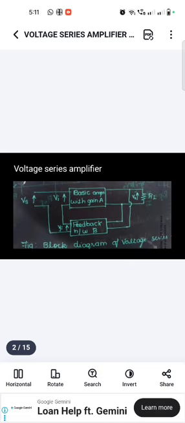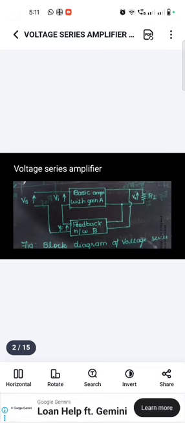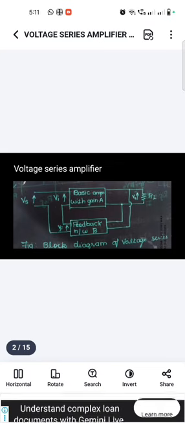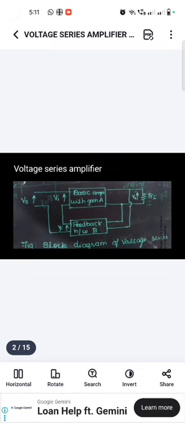See the input side, it's the series mixing, right? Input connection. In the actual block diagram, the mixing network consists of series mixing and shunt mixing. So here the part of the voltage taken from the output is put in series with the input signal source.